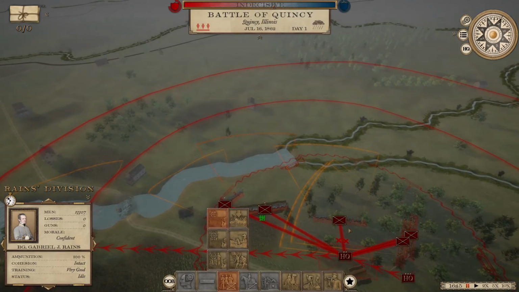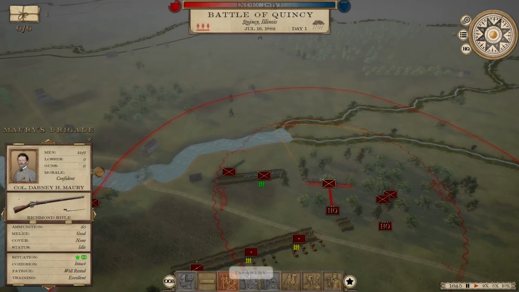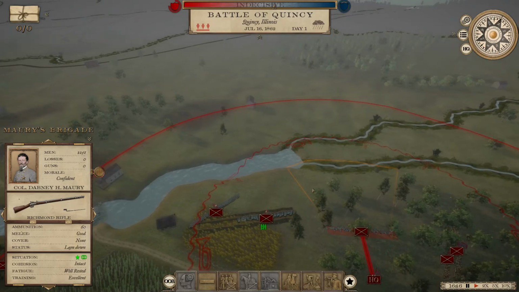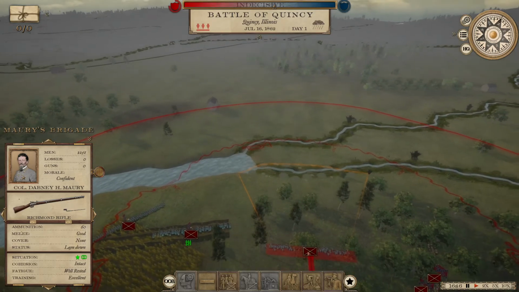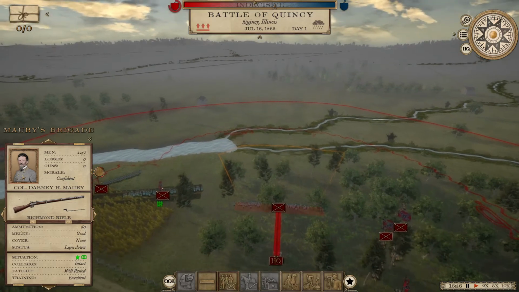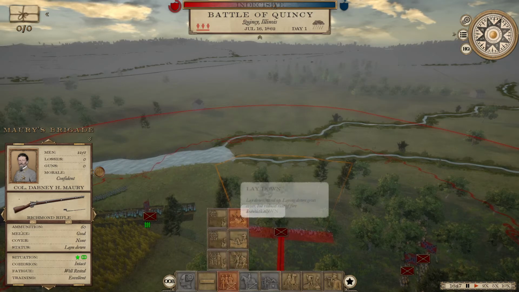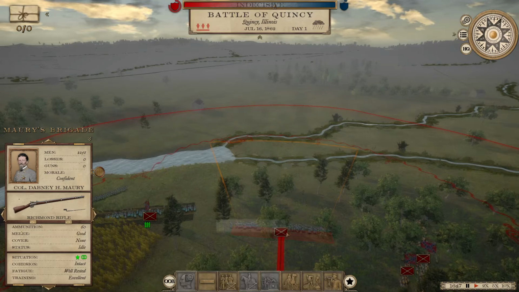You'll notice that if you order a unit to lay down here, we'll just play it so things actually happen. You probably saw what happened in that cone when I ordered them to lay down. They are laying prone there, but the range of their shots has decreased, and if I click it off, then they're back up here to shoot.